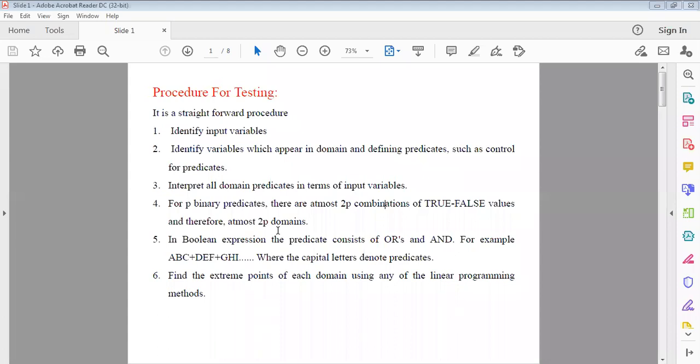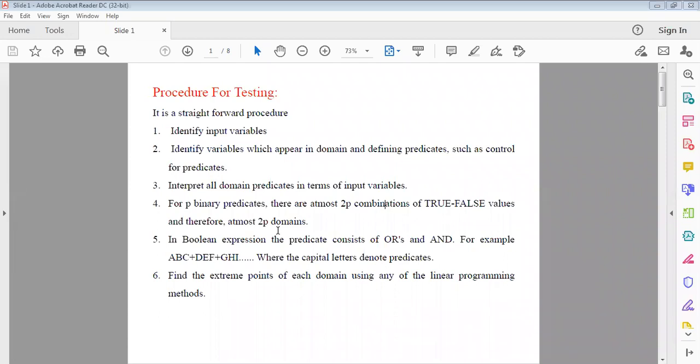Next, the fifth condition is: if you are applying a boolean expression to this predicate condition, that expression will be represented in the sum-of-products format, like ABC plus DEF plus GF, and so on, with capital letters. And the last one is that this has to be done using linear programming methods.